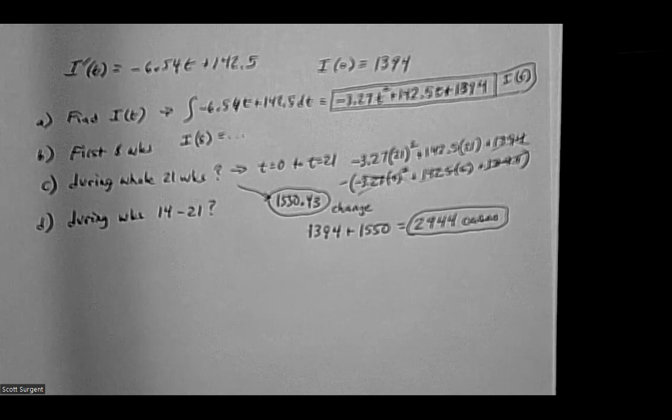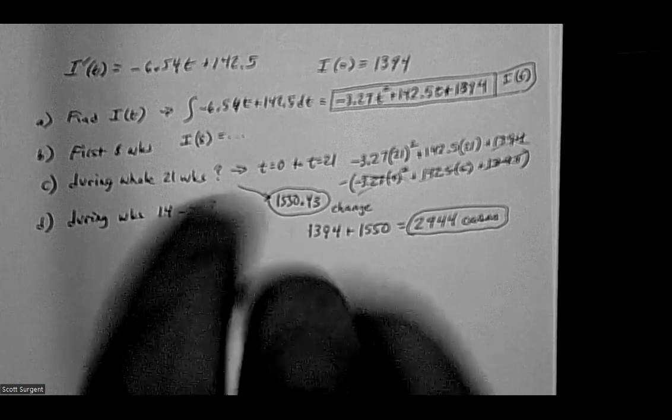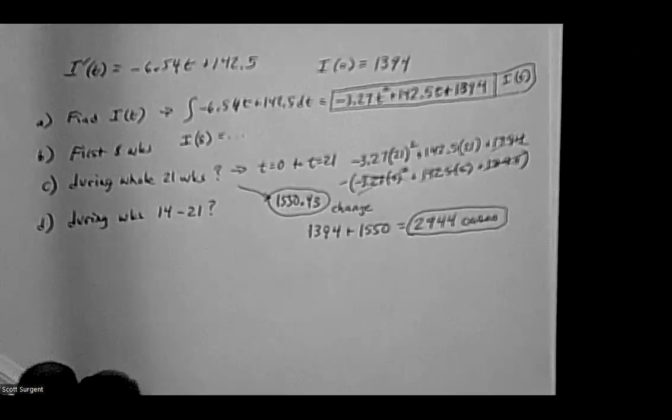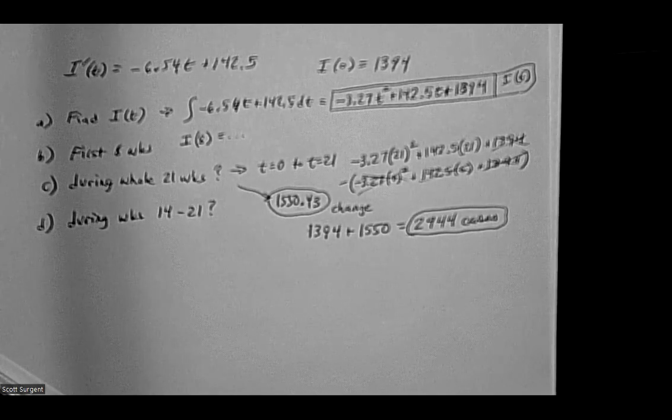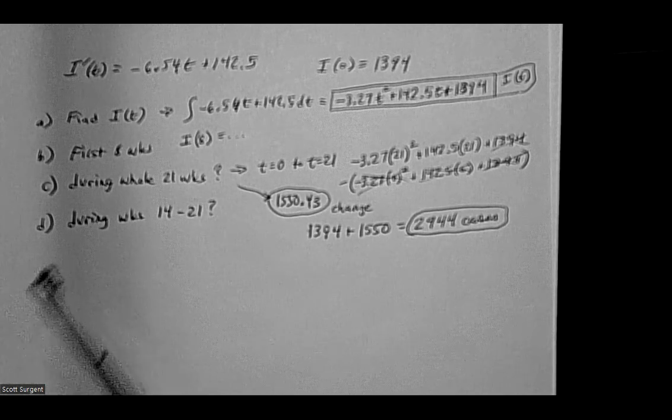I was adding it, but it wants the first part. The question says: approximately how many people contracted influenza during the whole 21 weeks? Okay, that makes sense. Then that would be the 1550, because it didn't say total. It just wanted to know that during those 21 weeks, there were 1,550 new cases.